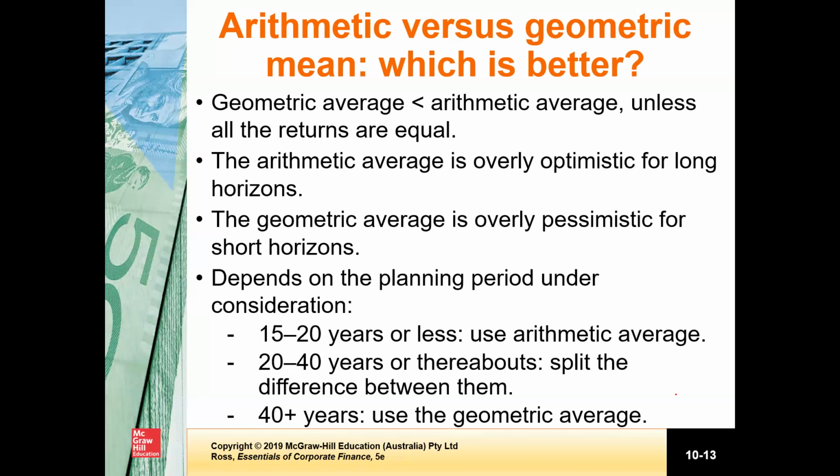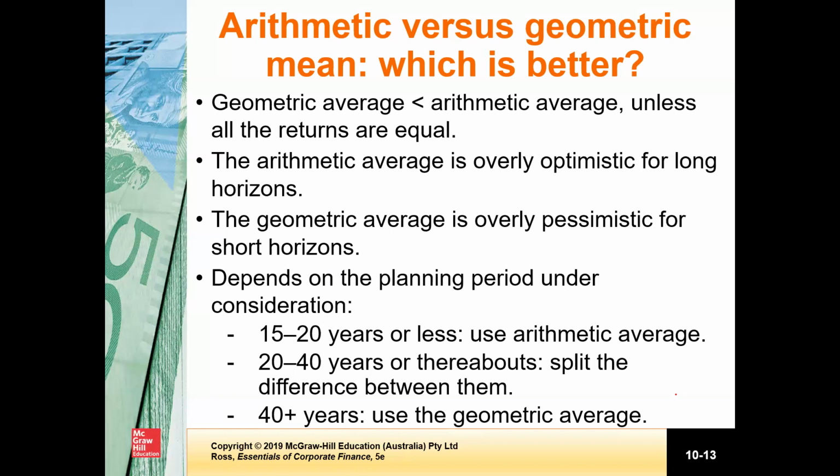We learned it in the previous weeks. In this case, the arithmetic average return is probably too high for longer periods, and the geometric average is probably too low for shorter periods. So you should regard long-run projected wealth levels calculated using arithmetic averages as optimistic, and short-term projected wealth levels calculated using geometric averages as probably pessimistic.